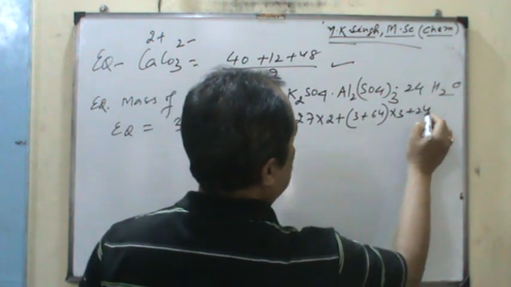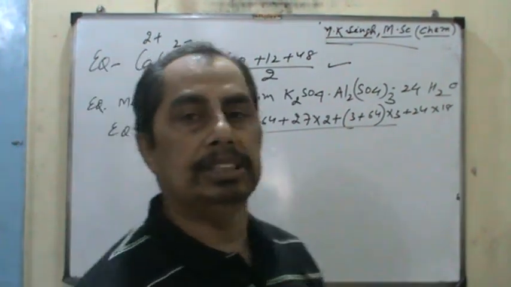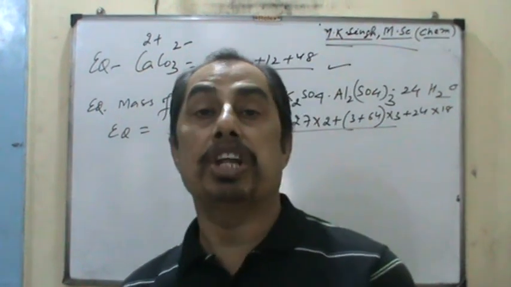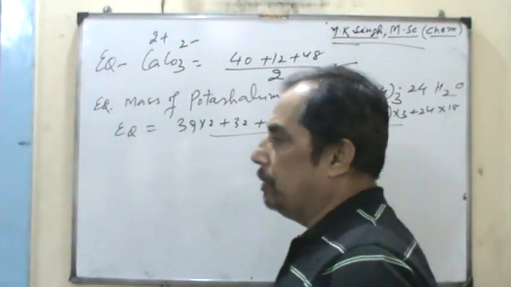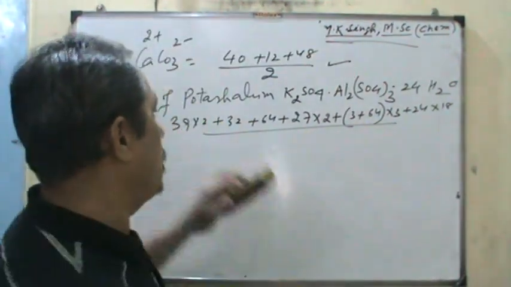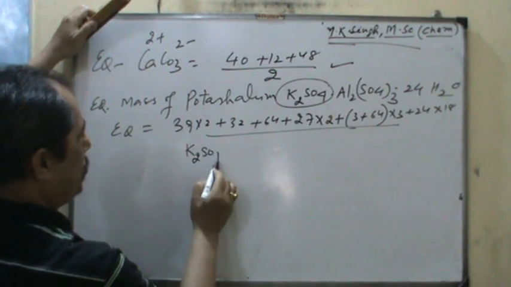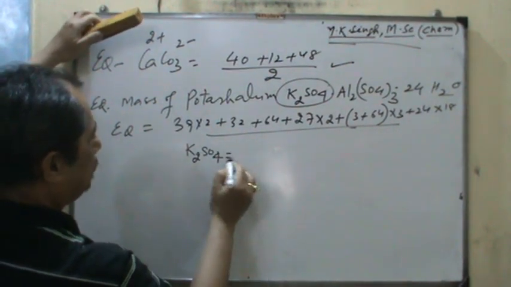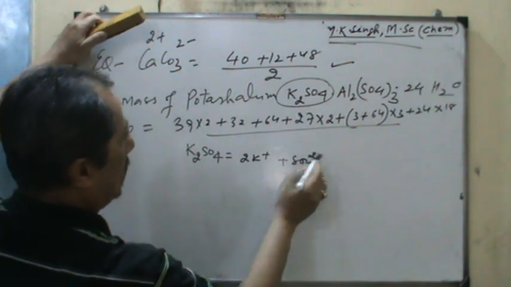anyone tell me how much the charge present on the potash alum, or fitkari? See, let us break down the ions. Dear students, K2SO4 is going to break like this: 2K positive and sulfate 2 negative.